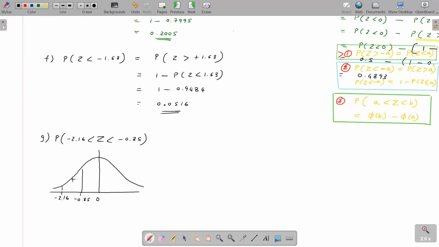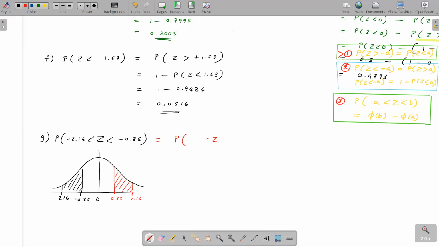Both are negative, so it's easy. If one was negative and one positive, you can go with the rule. So you can get the exact same area between plus 0.85 and plus 2.16. The exact same area. So we'll go with that.